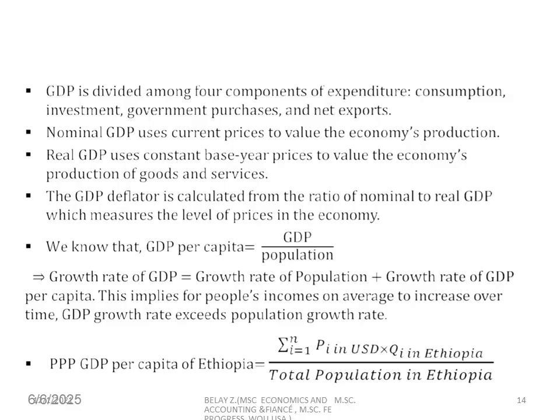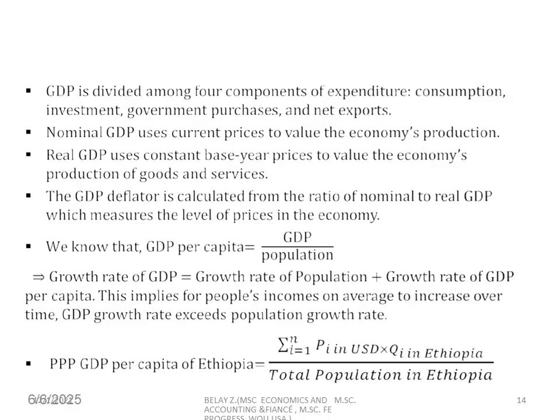And the GDP deflator is calculated from the ratio of nominal GDP to real GDP, which measures the level of prices in the economy. We have discussed that the GDP deflator is calculated as nominal GDP divided by real GDP. We know that GDP per capita is equal to GDP over population.